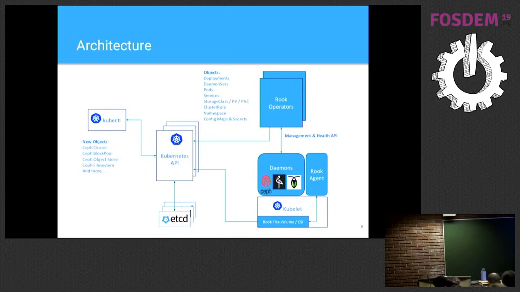Now, moving on to this part here, this is basically where we are on the node right now. The daemons are, for example for Ceph, a monitor, an OSD, or one of the Ceph daemons, which is placed on a node.